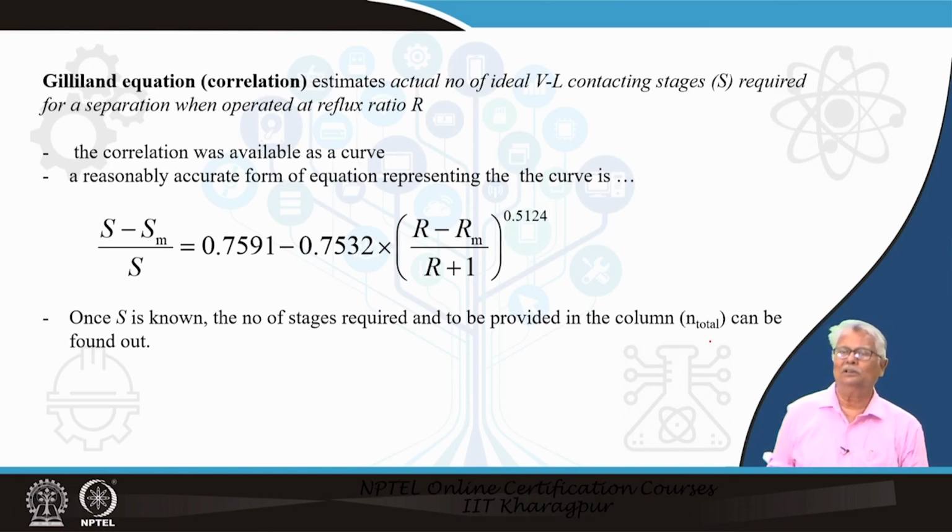We had assumed a particular value of R by R minimum, and we had a procedure based on the construction of those triangular steps, and we found out the number of theoretical stages required for the separation.